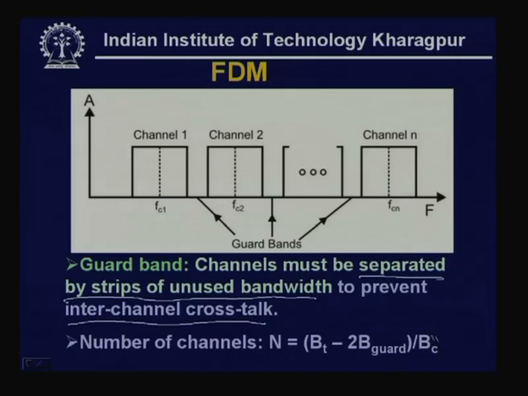The bandwidth allocated to each channel is Bc. So, this is how we get the total number of channels that is possible in case of frequency division multiplexing.